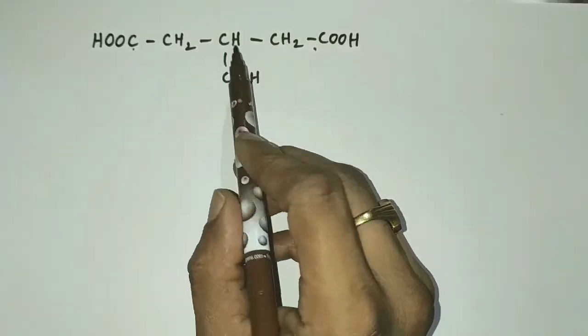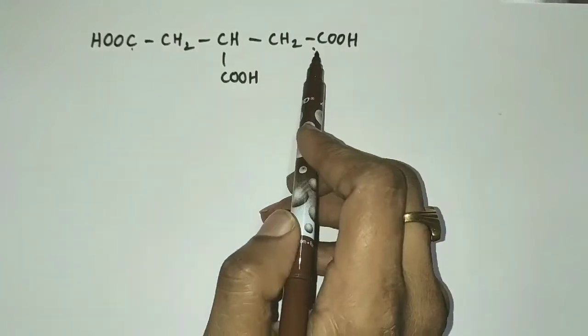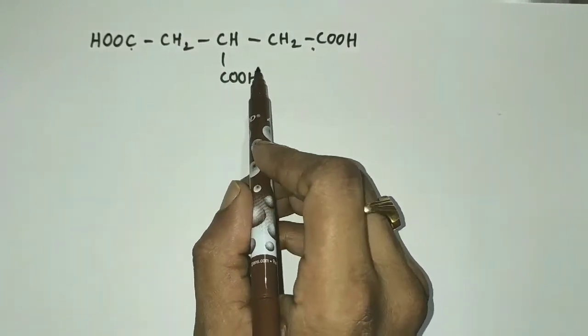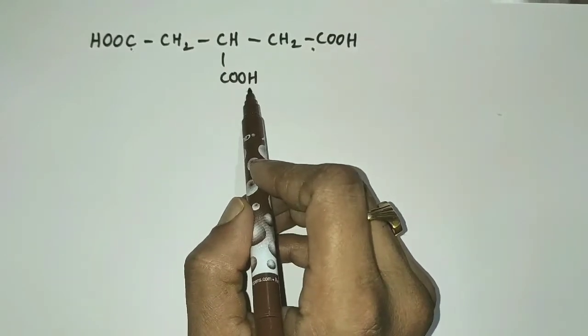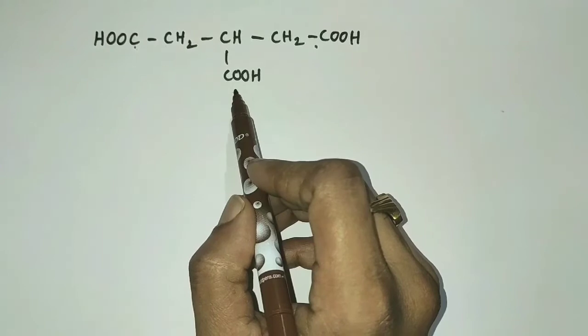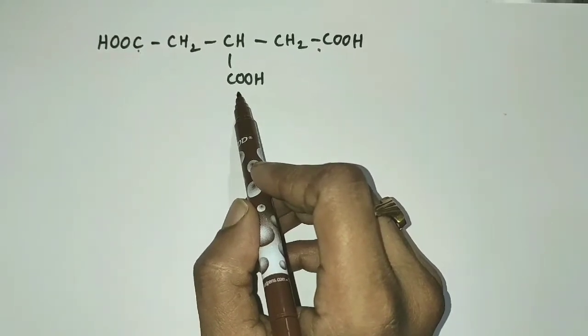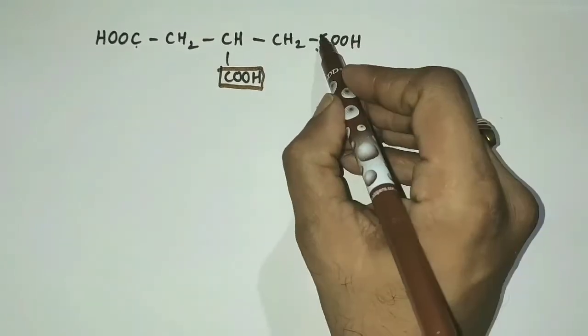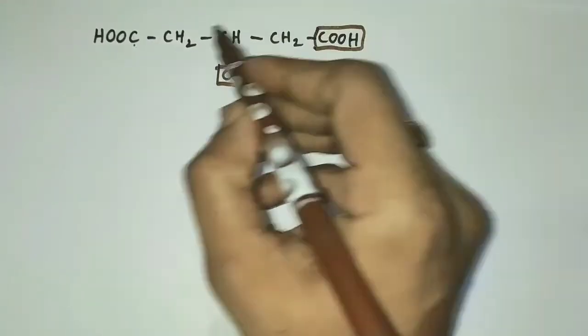So can we consider these two COOH groups in longest carbon chain and this third COOH group as a branch? If you ask me, the answer is no. Because all these three groups are same groups.